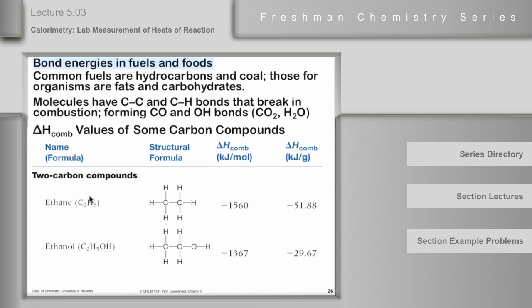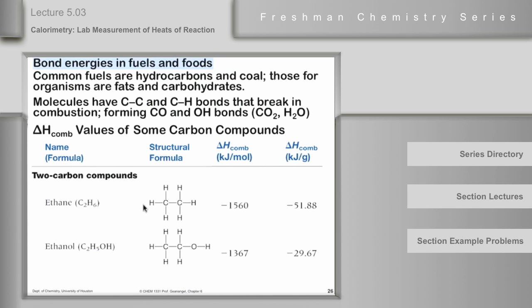I'm going to look at the heats of combustion, both in kilojoules per mole and kilojoules per gram, of a representative of the oils and fat family, and we just call it C2H6. By measurement, the delta H combustion is negative 1,560 kilojoules per mole for 1 mole of ethane.